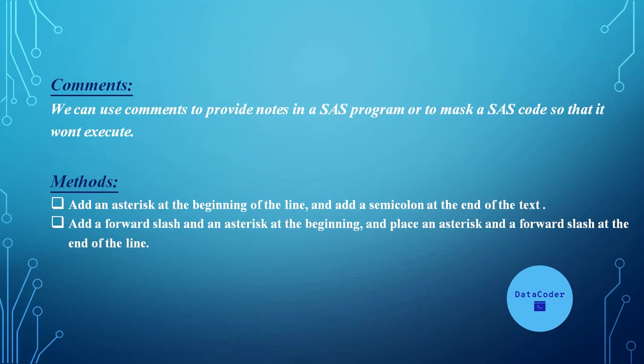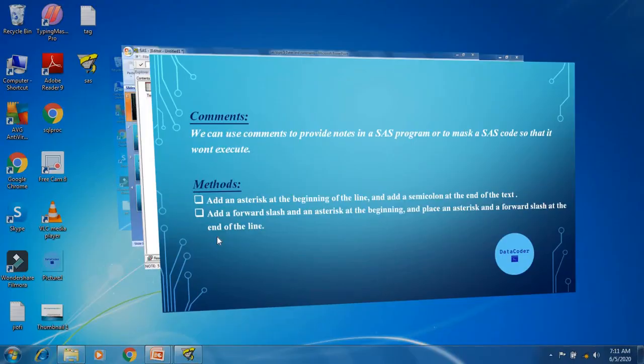So there are two methods. Or we can select that piece of code and press Ctrl plus question mark on the keyboard, and it will comment that code. We are going to see them one by one.